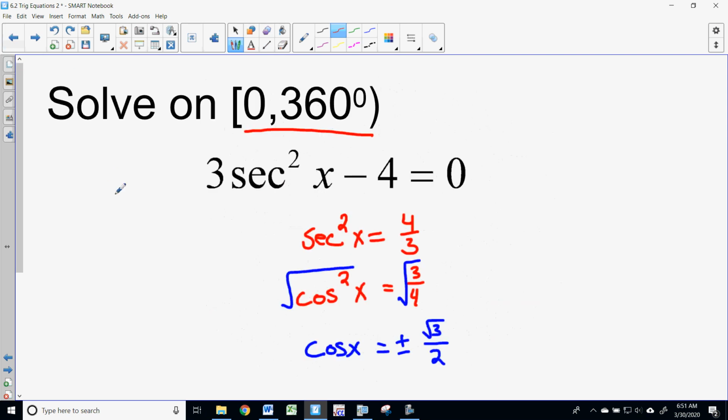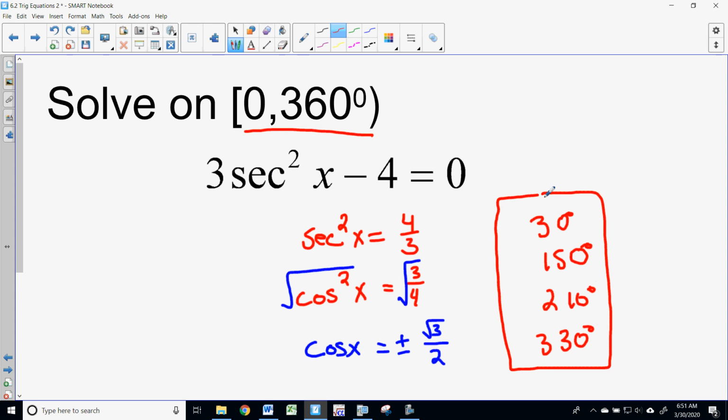So when you have things that are squared, you can get multiple answers. And when you do plus or minus, you actually can get up to 4 answers. Now, it's not always 4, but you could possibly get 4 when you do plus or minus. So remember, when you take the square root of both sides, you've got to have this plus or minus.